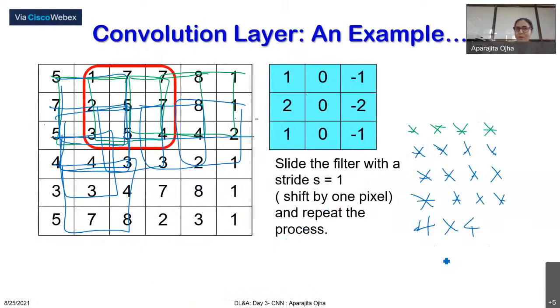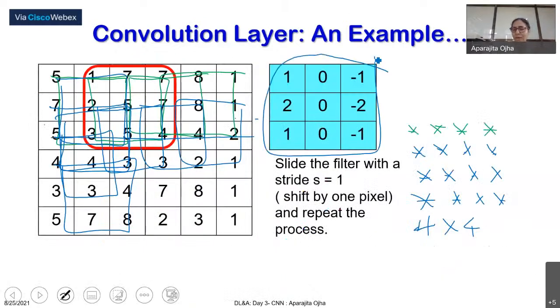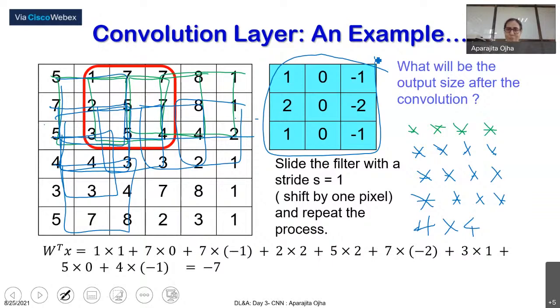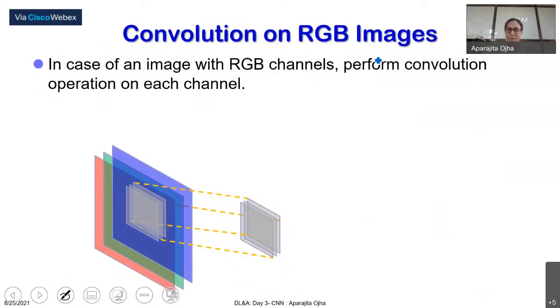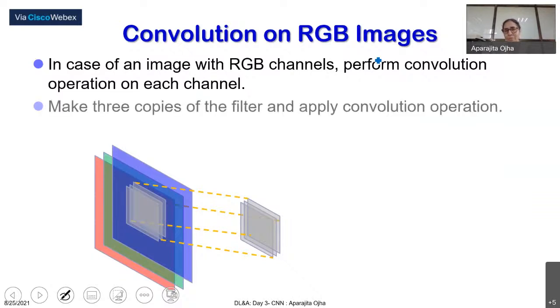This is the filter. Now what I will do, I will use the same filter 3 times. One for R channel, one for G channel, and one for B channel, right? So in case of an image with RGB channels, perform convolution operation on each channel, make 3 copies of the filter and apply convolution operation.